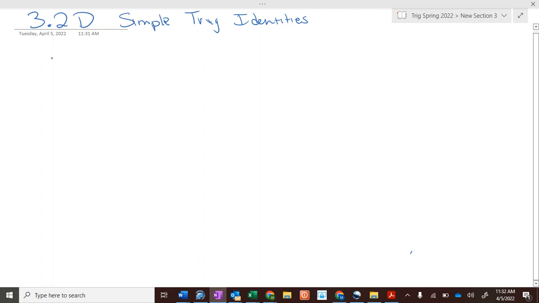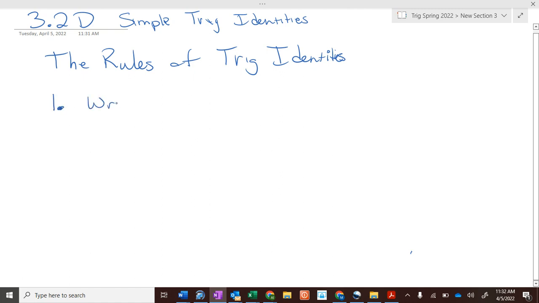So, the rules of trig identities. Number one rule, write the problem exactly the way it appears in the book.